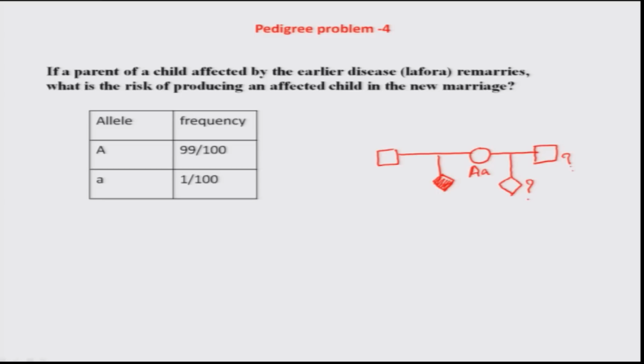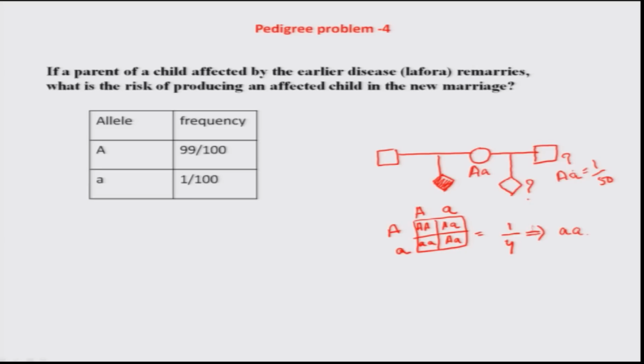Now, as we calculated earlier, the chance for this person to be a carrier, that was capital A and small a, if you remember, was 1 by 50. And if both are carriers, let us draw one small Punnett square. Now, you see that this is a 1 by 4 chance for the child to be small a small a.